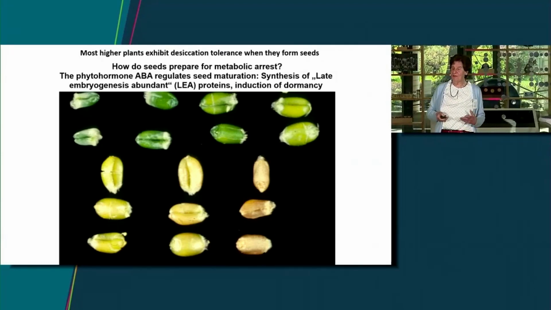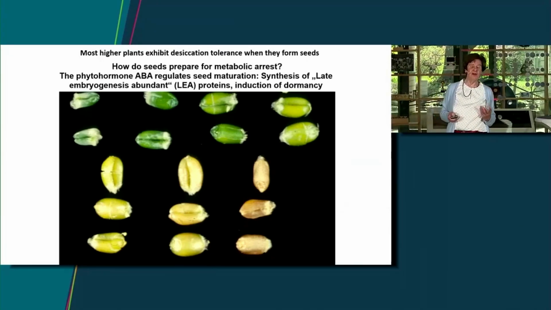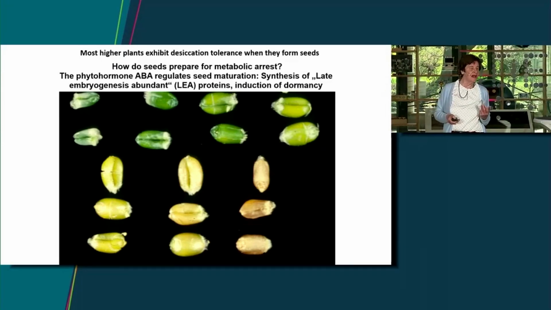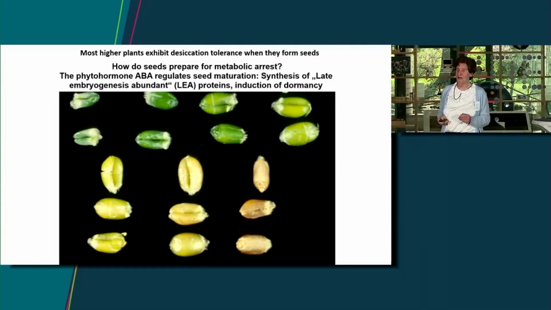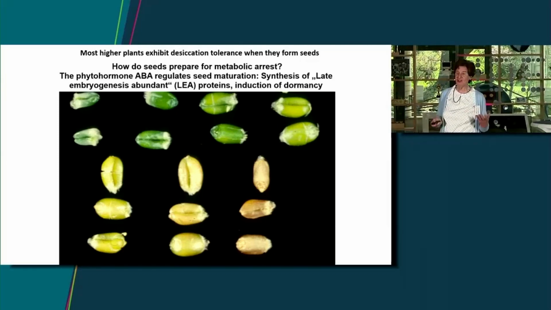And you could present such pictures more or less from many higher plants if you consider the seeds. So what happens in these seeds? They also lose water, and they also go to a desiccation tolerance. And this is something which you take for granted. Perhaps you don't think about it so much.